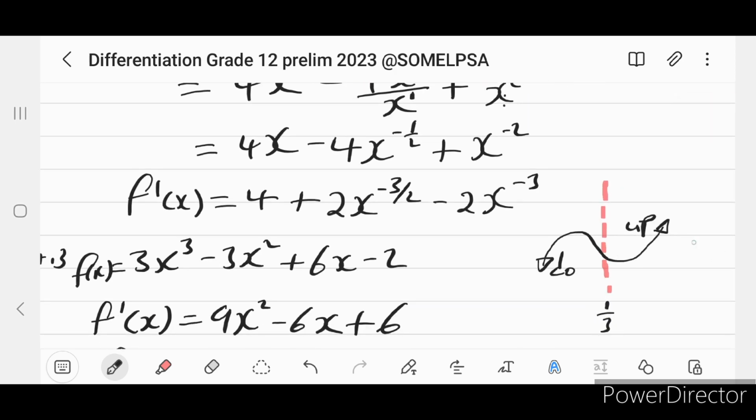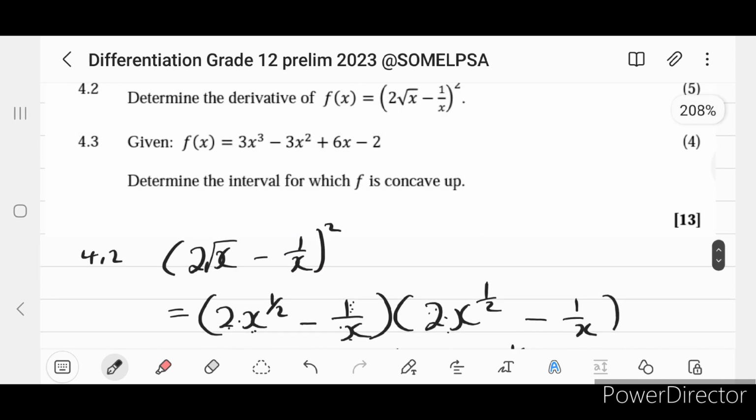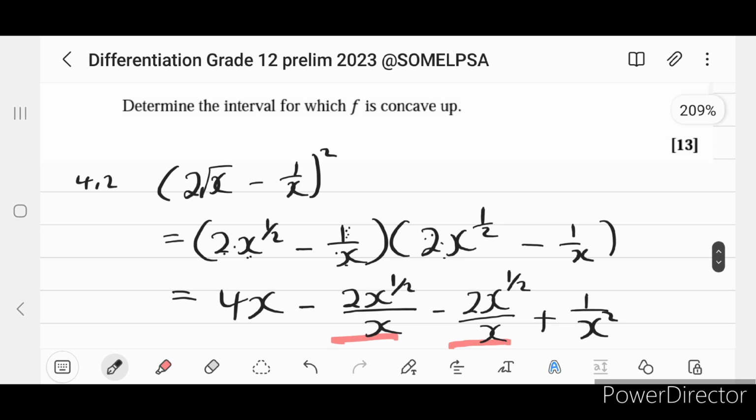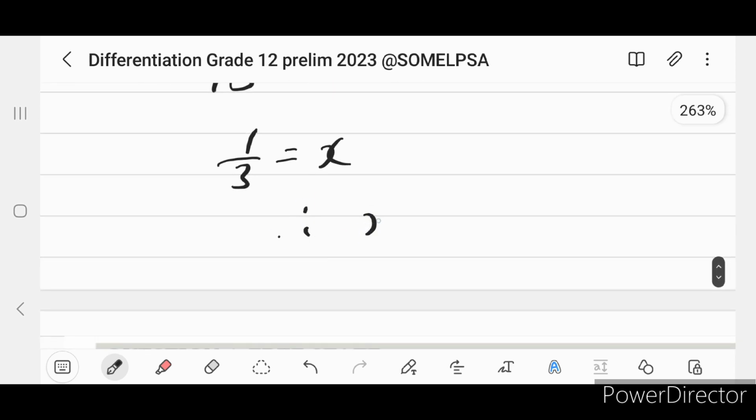So the side that is concave up is greater than 1 over 3. So you can say therefore x must be greater than 1 over 3. This is concave up.